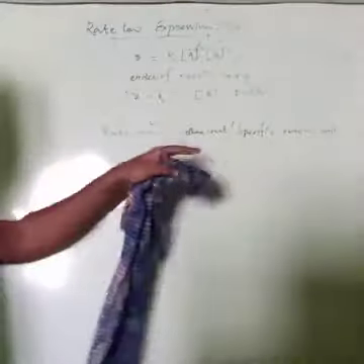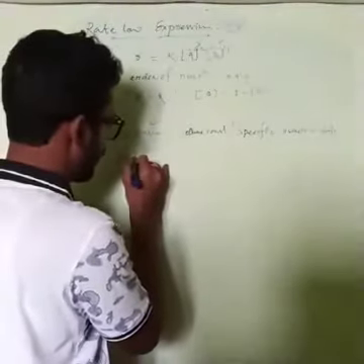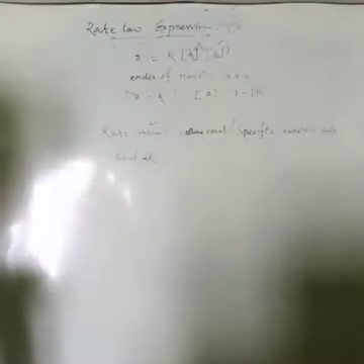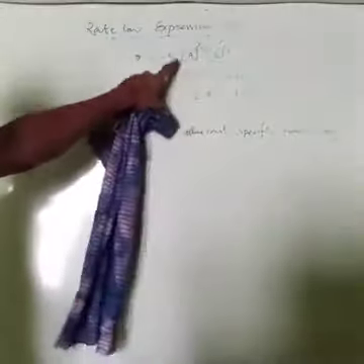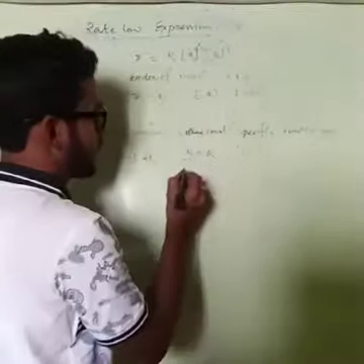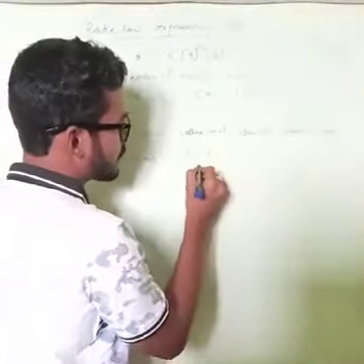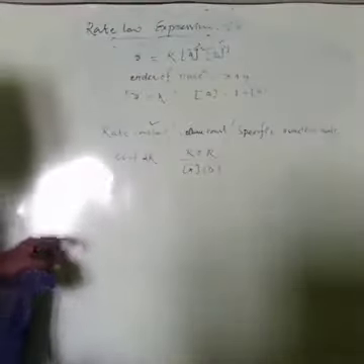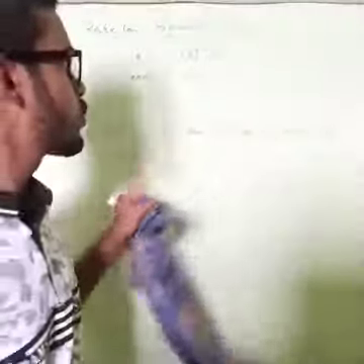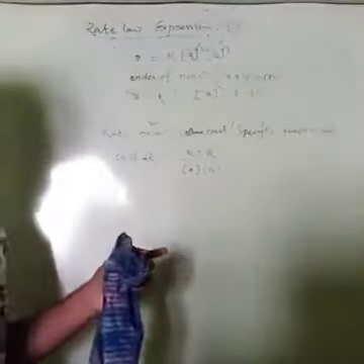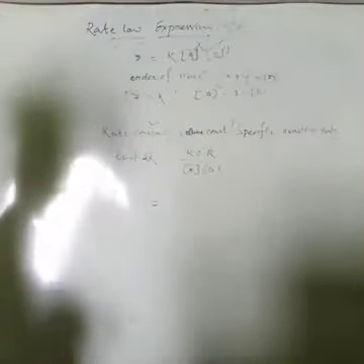So what will be the unit of K, the rate constant? From this we can easily calculate. It is ROR divided by the A concentration and B concentration, yes or no? And x plus y is generally written as n, that is the order of reaction. So what is the unit of ROR, the rate of reaction?